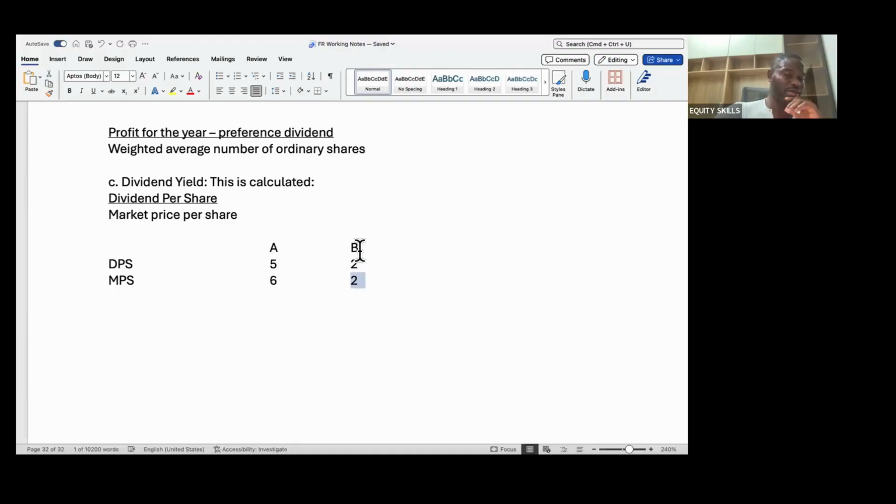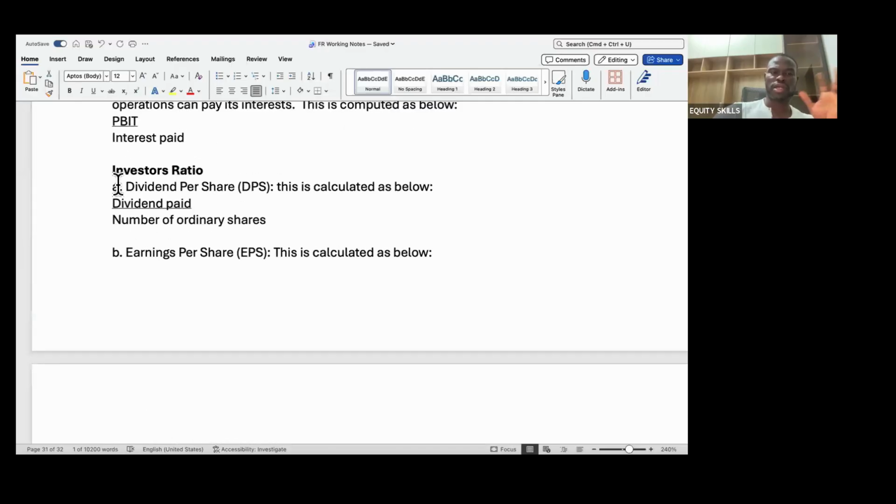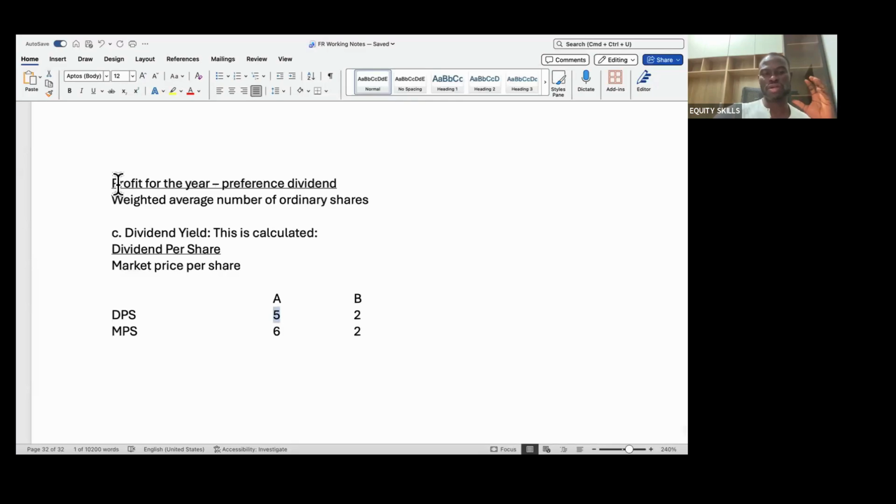So this guy is better because I'm investing 2 naira, it's giving me dividend per share of 2 naira. This one I'm investing 6, it's giving me less than 100% return. And that's what dividend yield does. So even dividend per share shows how much dividend you're paying, but what actually gives us a sense of your return is dividend yield.